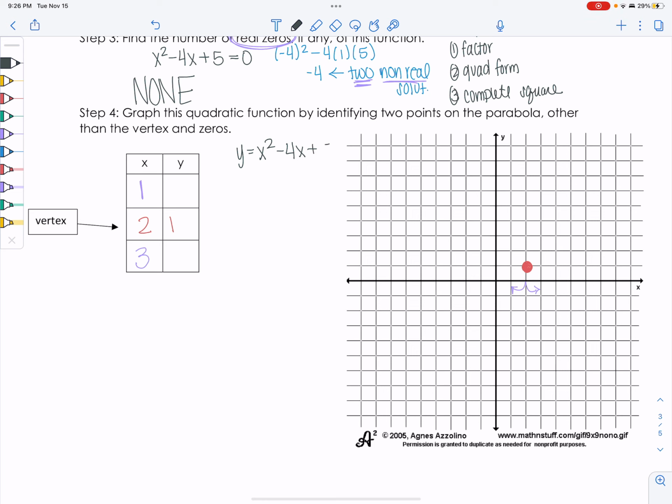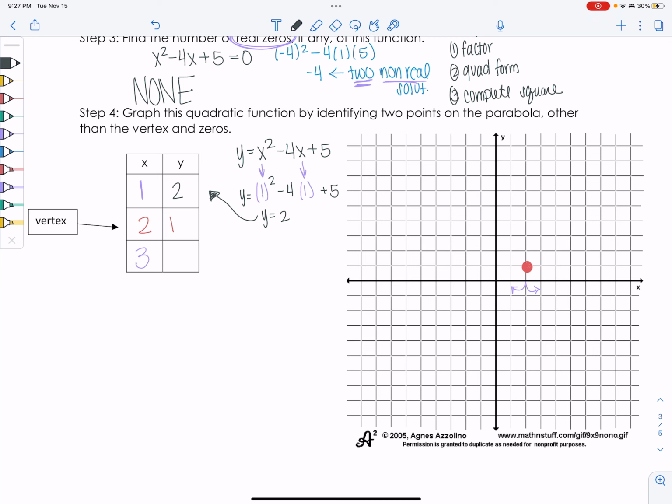And so what I'm going to do for this first line, I'm going to fill in a 1 everywhere I see an x. And so I'll have 1 squared minus 4 times 1 plus 5. I'm going to just evaluate that. And that's going to give me a y value of 2. And that's my first point, the point (1, 2).